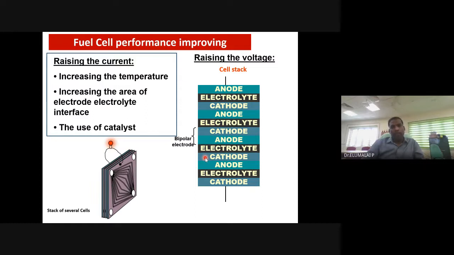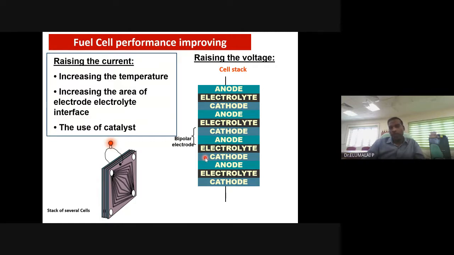If your required voltage is 230, your single fuel cell will generate a theoretical 1.23, practically, let's say 1 volt. You require many cells connected in series. And many a time, depending on the power for your consumer electronics, you require high current. How will you increase the current? How will you increase the voltage?